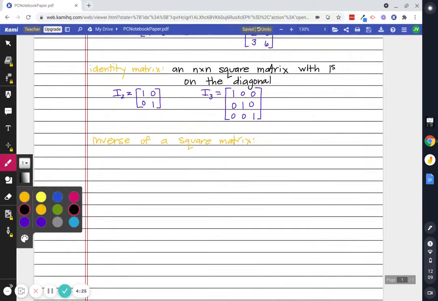The whole point of an inverse is that if I say the inverse of A is B, then when I multiply the two of them, it equals the identity.